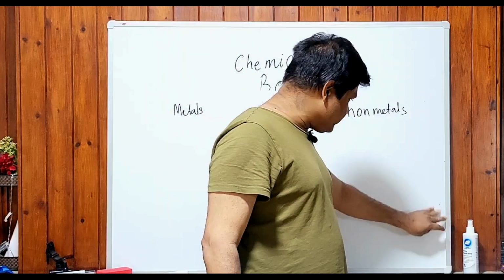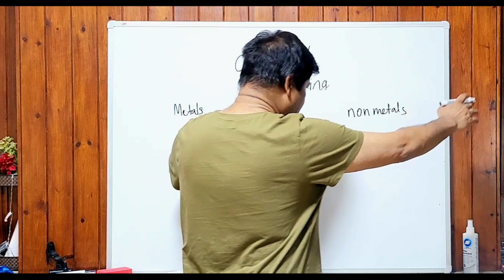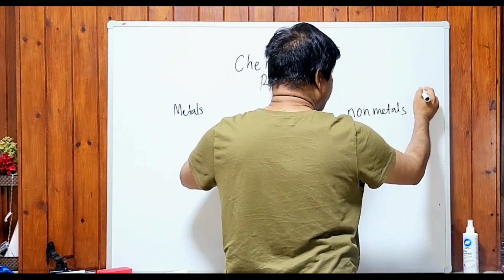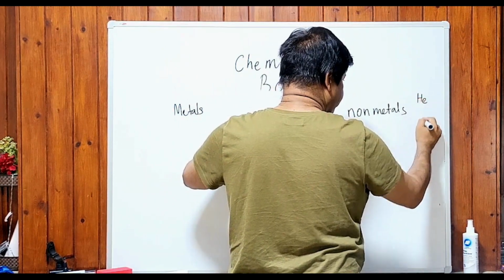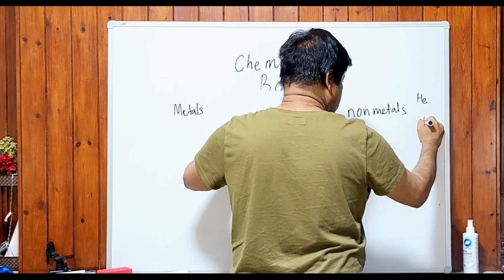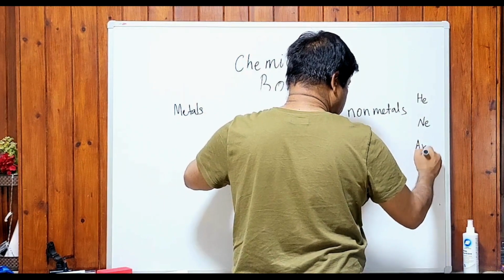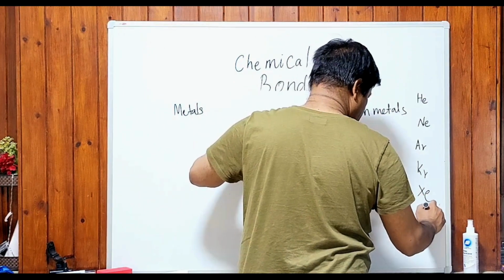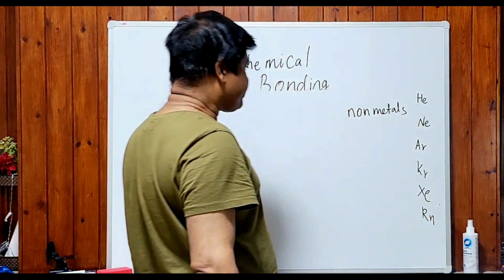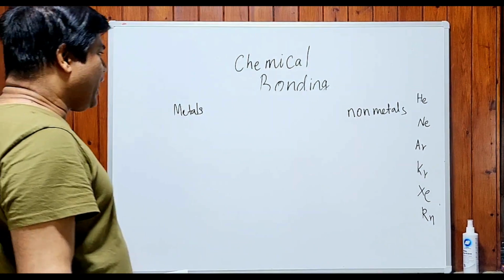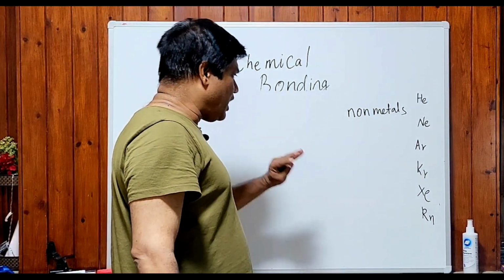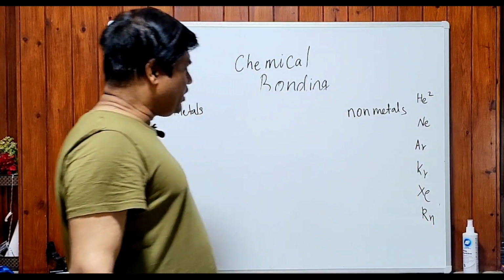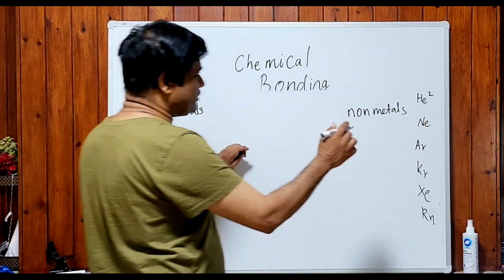On the very extreme right side of the periodic table, we have noble gases: helium, neon, argon, krypton, xenon, radon. They have 8 electrons in the outer shell except helium. Helium is 2.